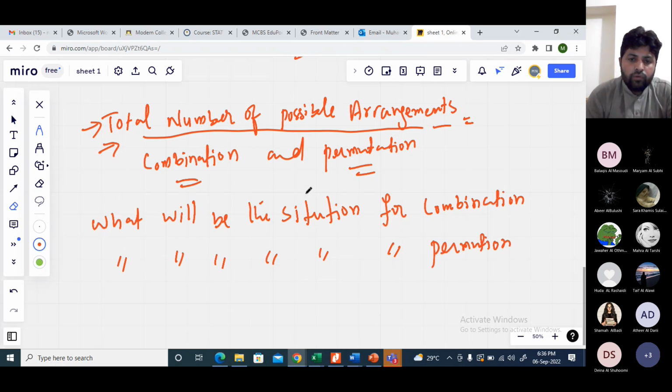What is the meaning of situation here in case of combination and permutation? So please note that for the combination, the position doesn't matter. The position doesn't have any significance.